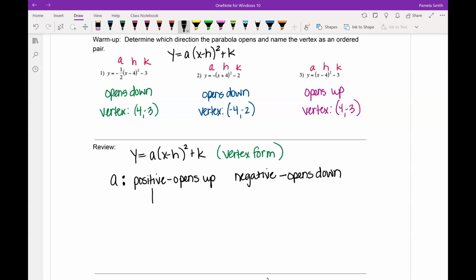So the absolute value of A greater than 1, we have vertical stretch. The absolute value of A less than 1, we have vertical compression.